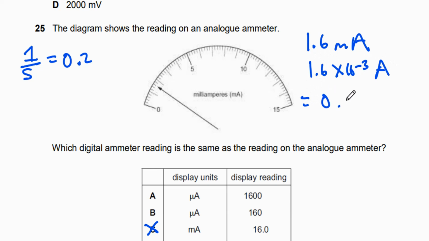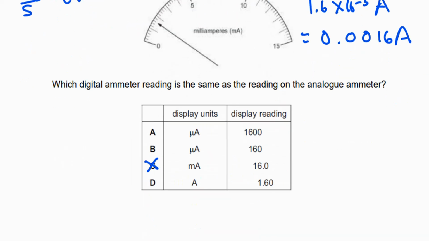So it's 0.00, so let's see, 1, 2, 3. 0.0016 amps. Now, in the answers here, it says the reading in amperes is 1.60, which is clearly not the same as what we get here. So we know it also can't be D.